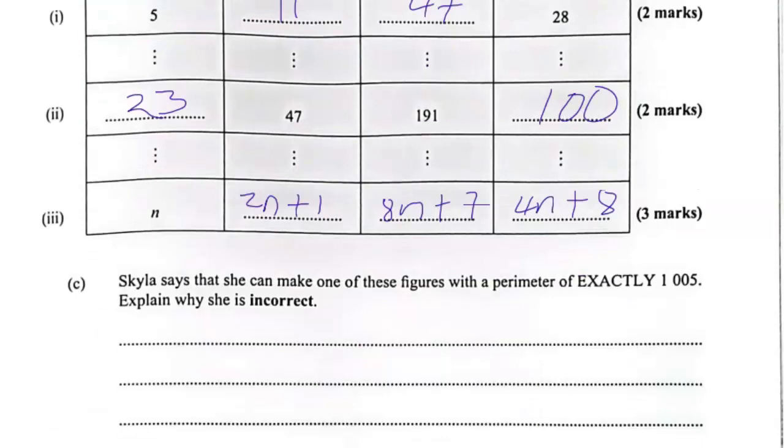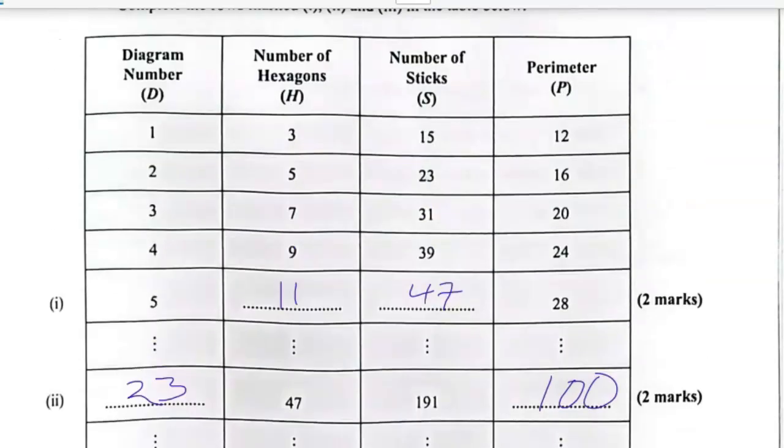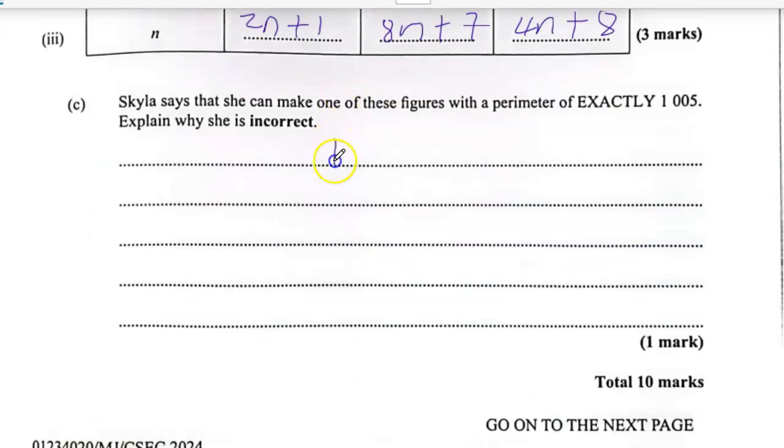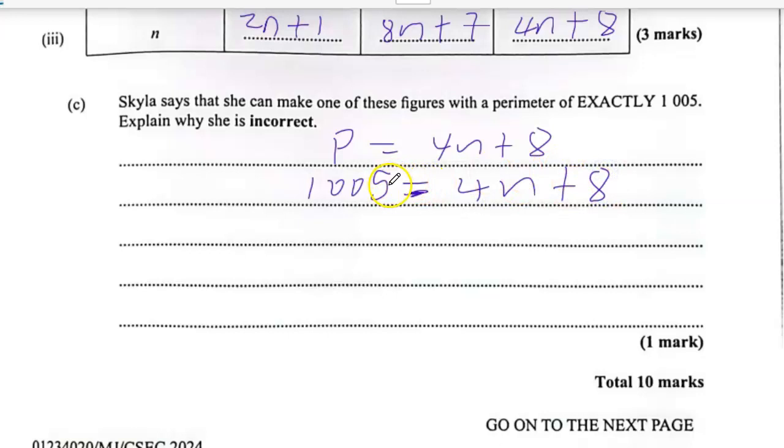Skylar says she can make one of these figures with a perimeter of exactly 1005. So the rule for the perimeter column is 4n plus 8. If you want a perimeter of 1005, replace P with 1005. Let's find out if this diagram will give us that. So 4n plus 8. We can subtract 8 from both sides.